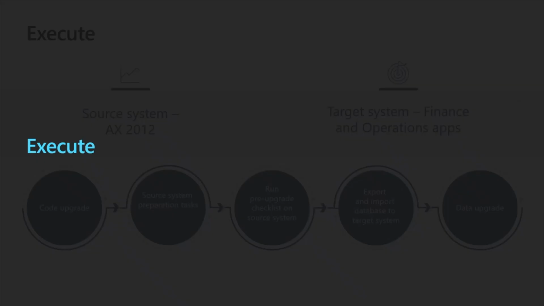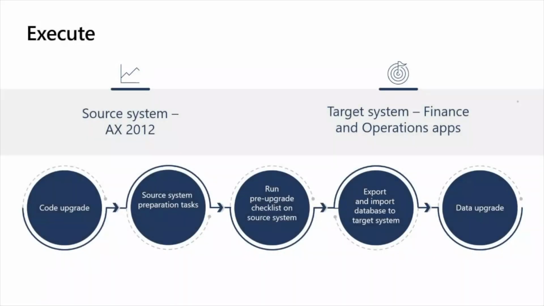Thank you, Mo. So we are in the execute phase now. We have completed our analysis and are ready with the execute phase, which is nothing but executing the upgrade activity. During the execution phase, you work through the tasks that you planned during the analyze phase.